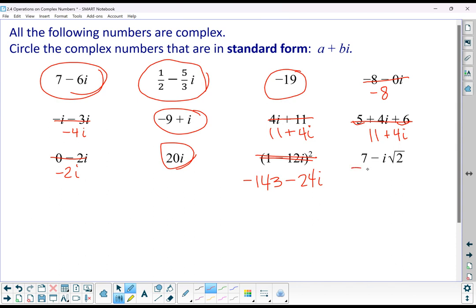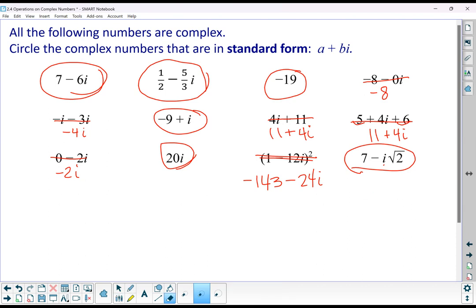This is in simplest form. It's okay that it's root 2 after the i. It's also okay if you write it like this, but it just is so easy to have that turn out to look like the i is under the root. So standard practice would be to put the i in front of the root so that we don't have any confusion about whether the i is under the root or not.